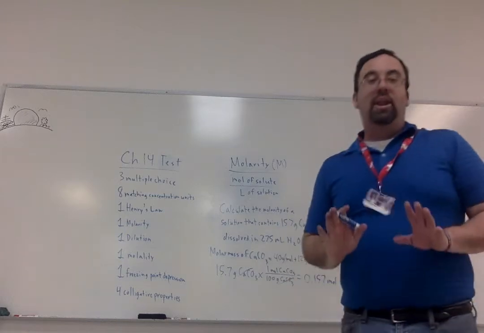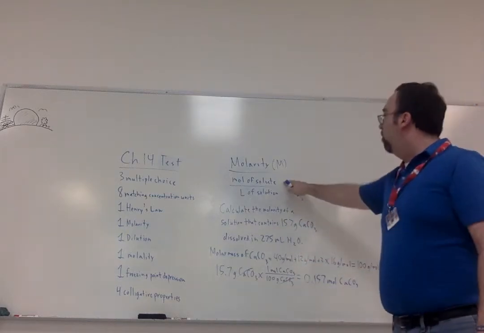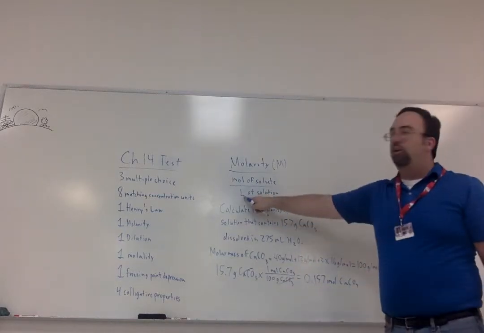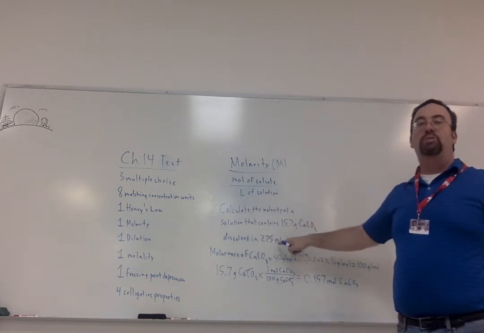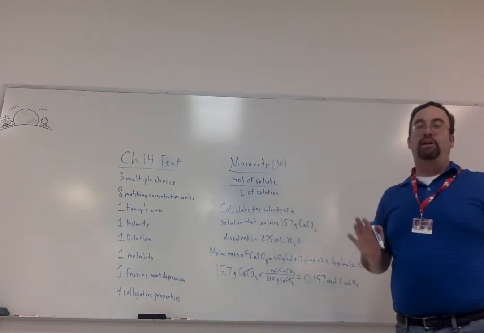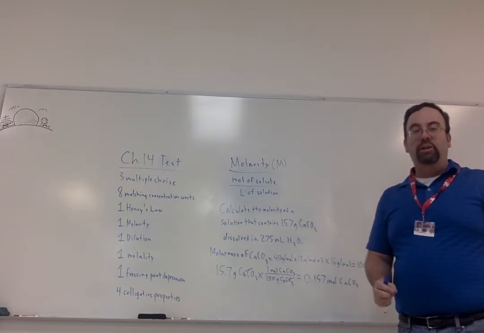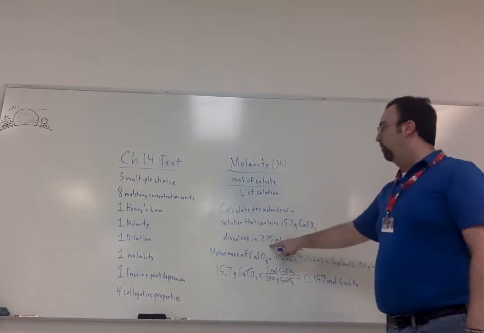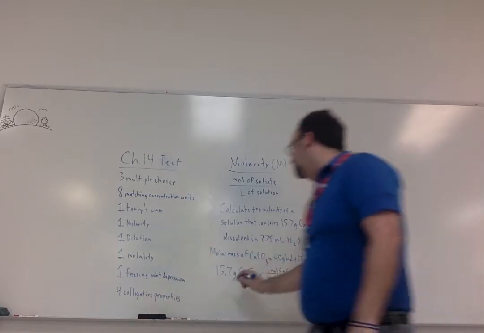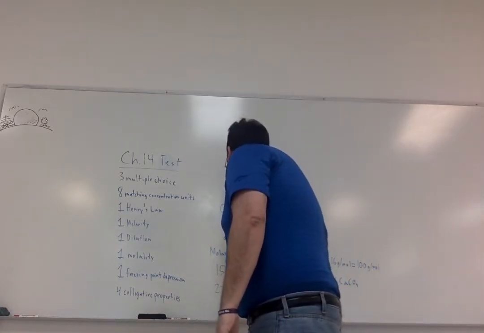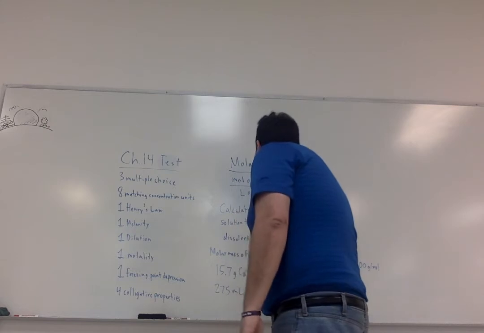All right. And so now what we need to do, we have the mole. We don't have the liters. However, we do have the volume in terms of milliliters. And so we can convert easily enough because we remember that there's 1,000 milliliters in a liter. And so I'm going to convert this now from milliliters to liters. I'll put the 1 liter on top.